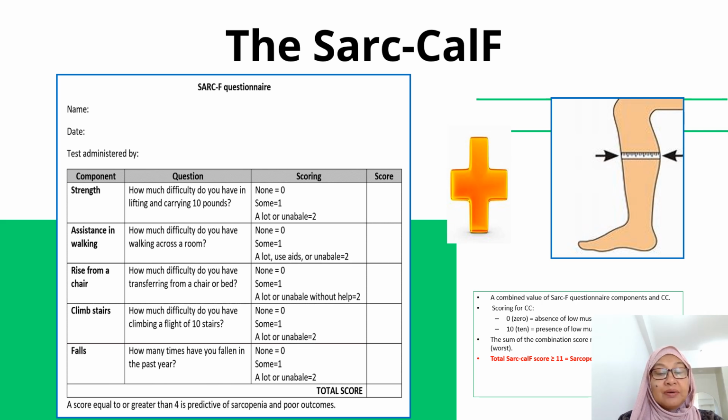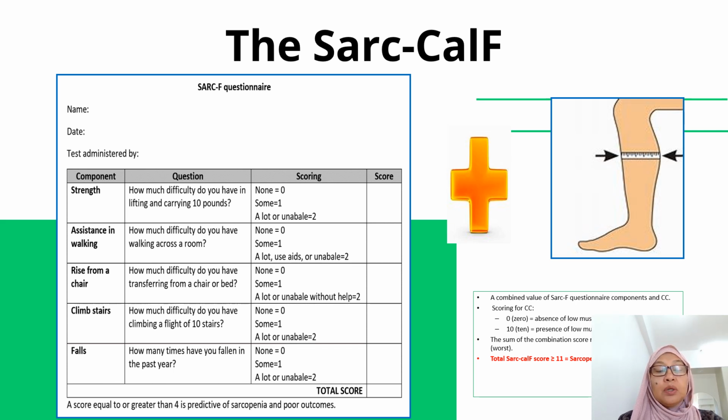Scoring for calf circumference: 0 points for absence of low muscle mass, when men show more than or equal to 34 centimeters and women 33 cm and above.